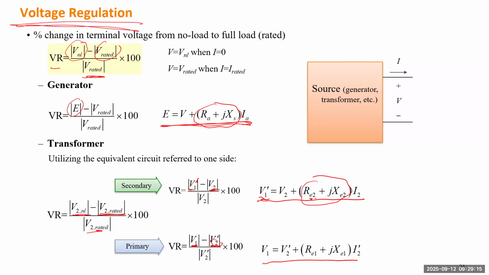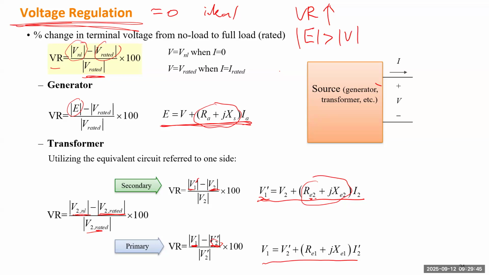So keep in mind, voltage regulation equals 0 means ideal source. If we're talking about positive voltage regulation, which means the no-load voltage is higher than the load voltage, like the source voltage of a generator being higher than the terminal voltage.